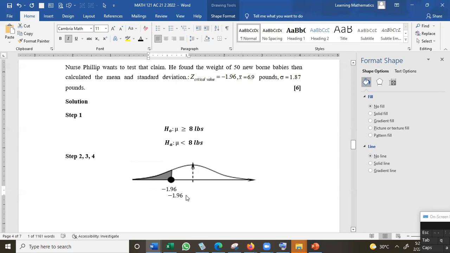The horizontal line is a number line. Because we're talking about a left tail, we're on the left side of 0, so we keep the negative sign. But for the right tail, you would drop the negative sign. And the critical value will be provided. So just bear that in mind.